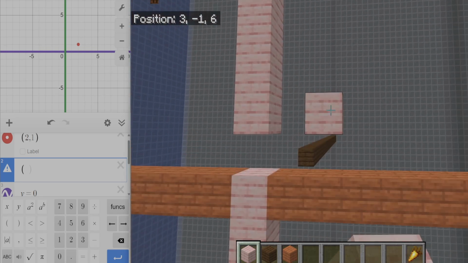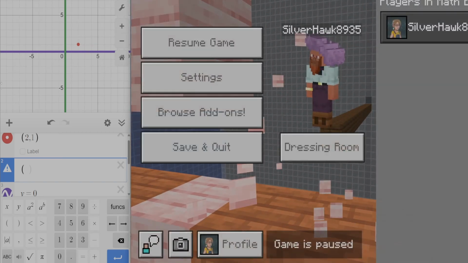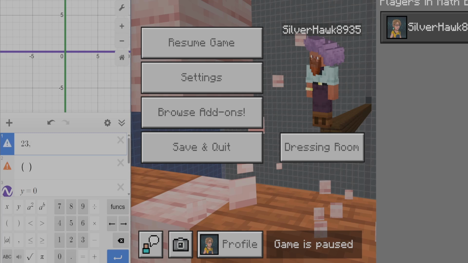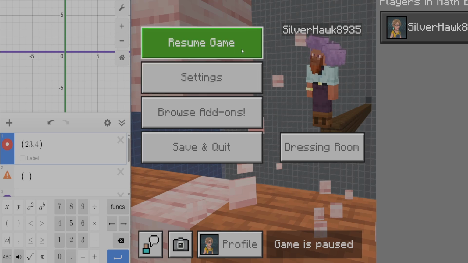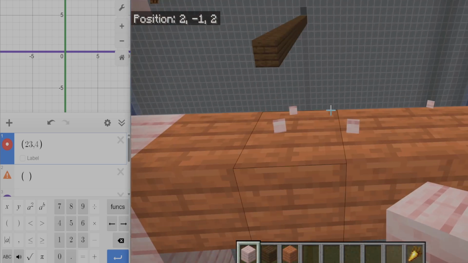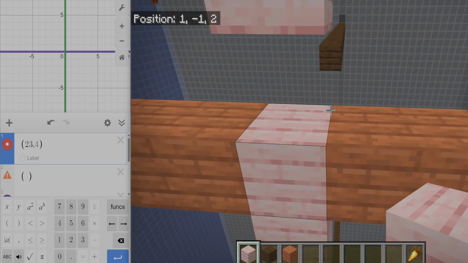Okay? So let's plot another point. Let's plot the point 23, comma, 4. So it'll be over 23, which is off the screen over here on our calculator, and up in the air by 4.